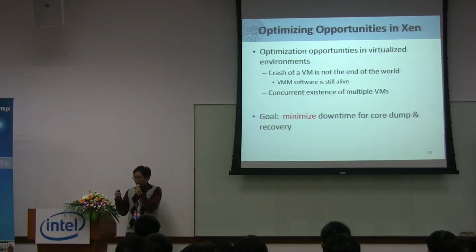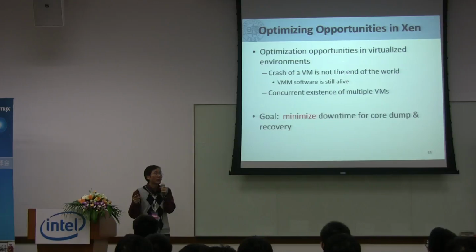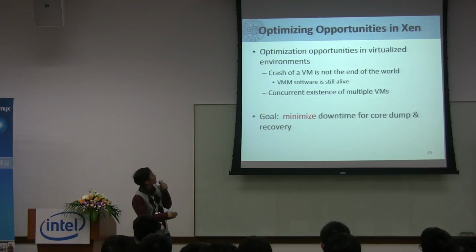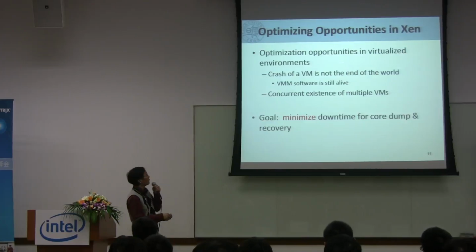The basic idea is that in a virtualized environment, the crash of a VM is not the end of the world. The management VM is still alive, and there can be multiple virtual machines simultaneously running on the machine.